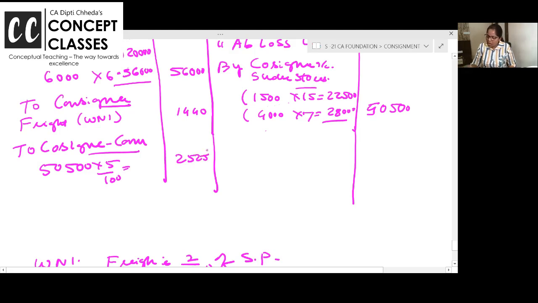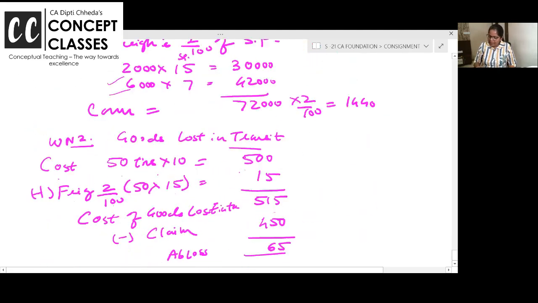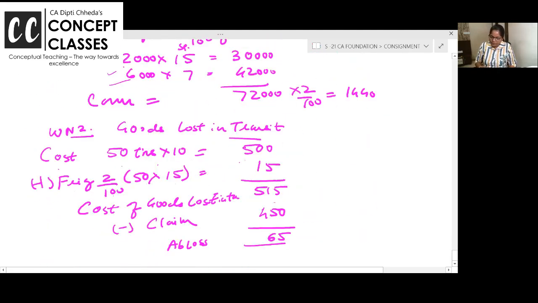Super. Now, last item is closing stock, or inventory on consignment. How much inventory is there with consignee? Working note 3. Out of 2000, 1500 are sold, so 500. Out of 6000, 4000 are sold, so remaining are in stock.